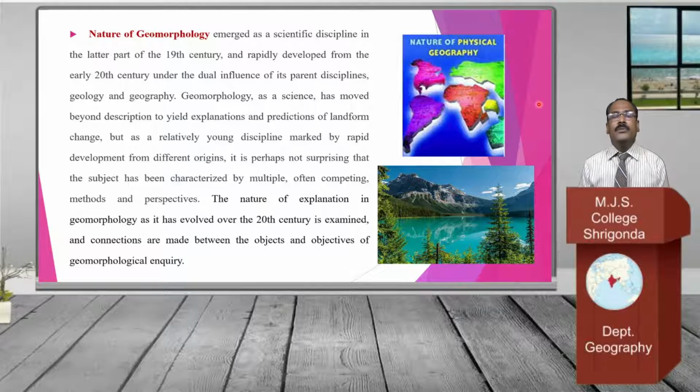Nature of geomorphology. Emergence as a scientific discipline in the part of the 19th century and reflecting development from the early 20th century under the dual influence of its parent disciplines, geology and geography.